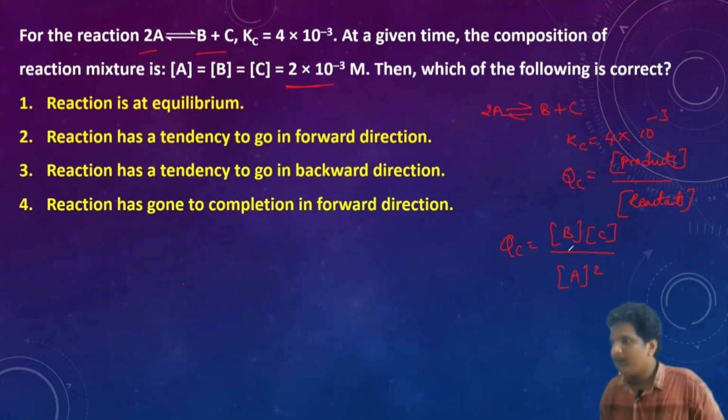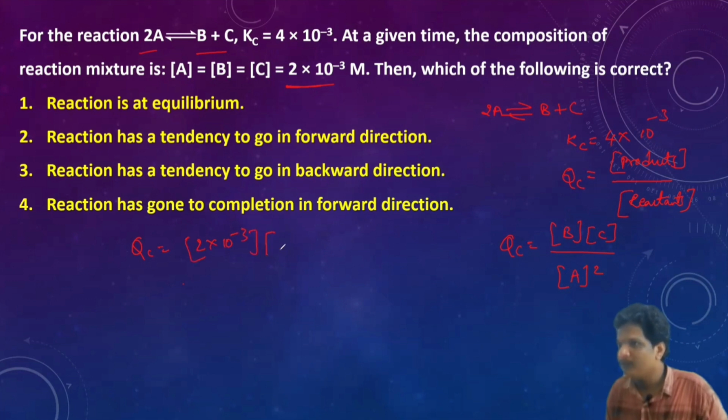You know that the concentration of A, B, C is 2 into 10 power minus 3, so I will substitute that. So Qc is equal to 2 into 10 power minus 3 into 2 into 10 power minus 3 by 2 into 10 power minus 3 whole square. So the square will be cancelled out, and it will be 1.